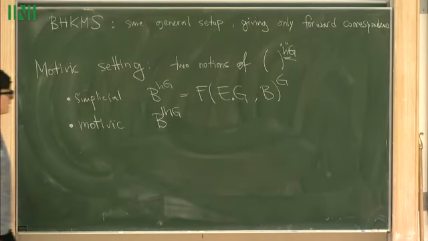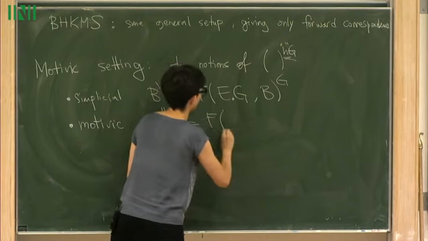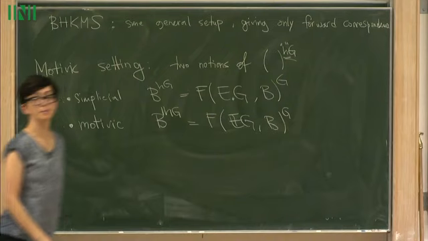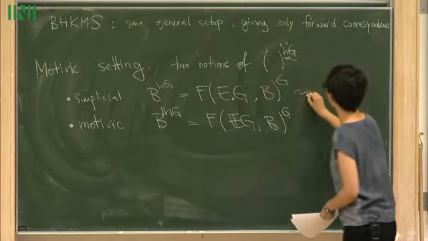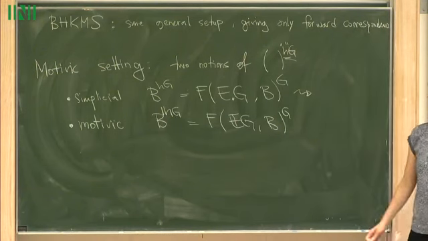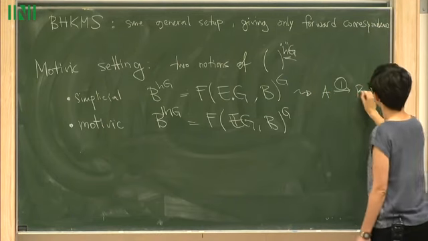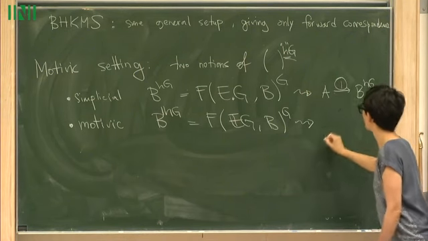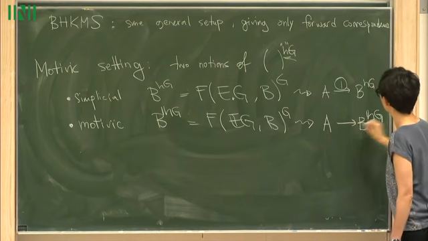I guess this is the notation we're sticking with: you write a blackboard bold H, G. And the point is that these two things give you two different notions of Galois extensions that we're going to call simplicial and motivic. So this is the same sort of map A to B^hG, and you are going to want to replace that with a map to also get to here.